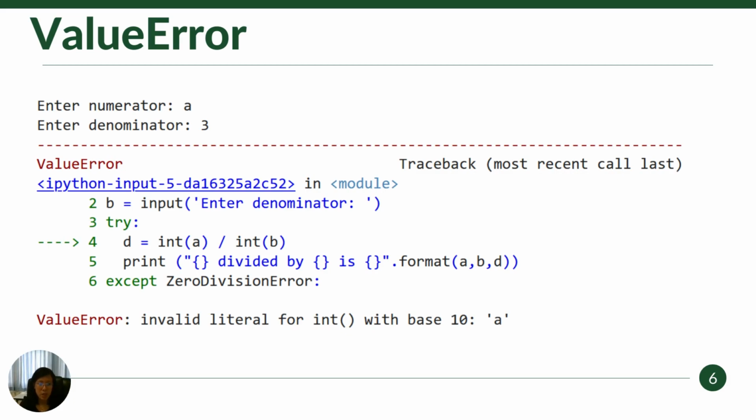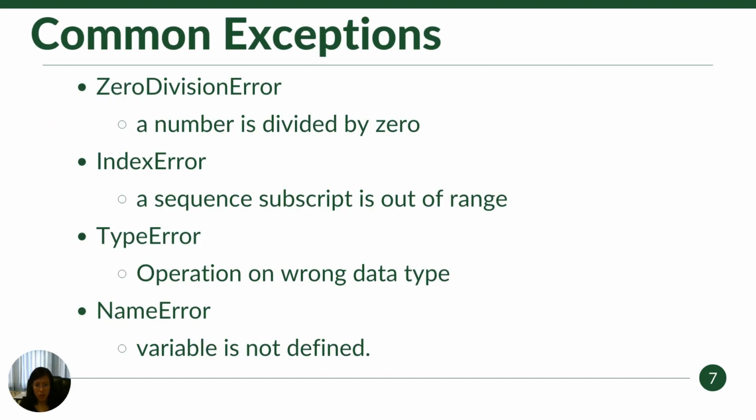Here in this example, the user didn't enter 0 for the denominator, but instead this user gives you A instead of a number for the numerator. Then your program will crash again because your A is an alphabet string data type, you cannot convert it to an integer. So you cannot divide by another number as well. So this error is called value error. These are common errors you encounter.